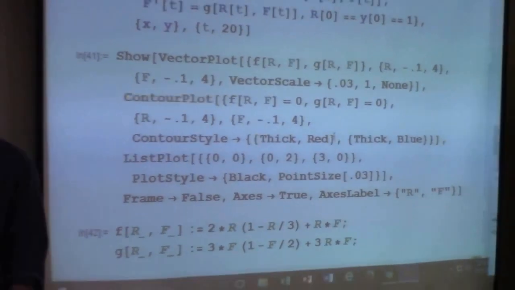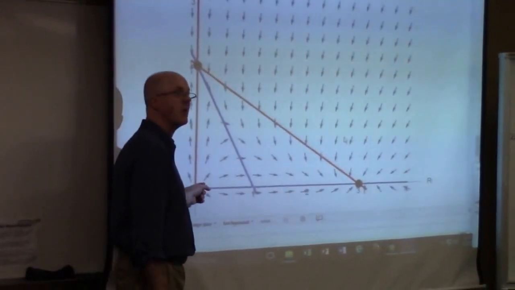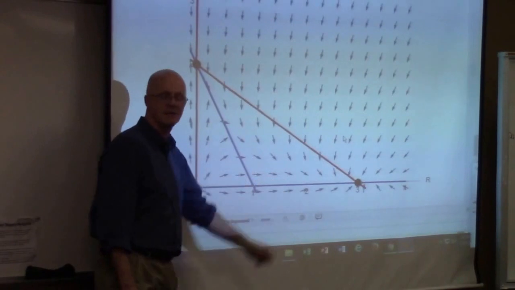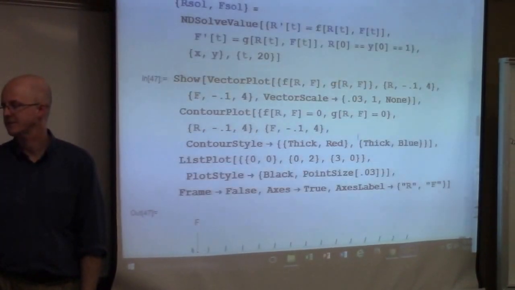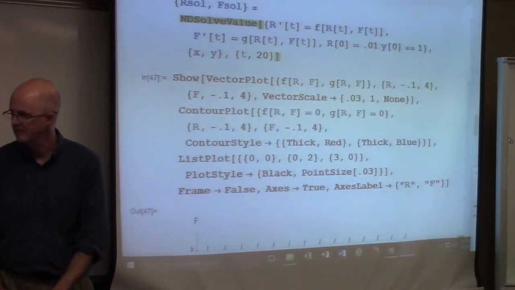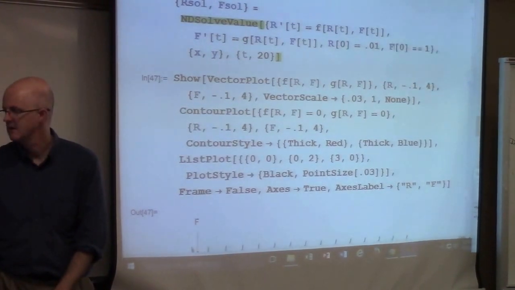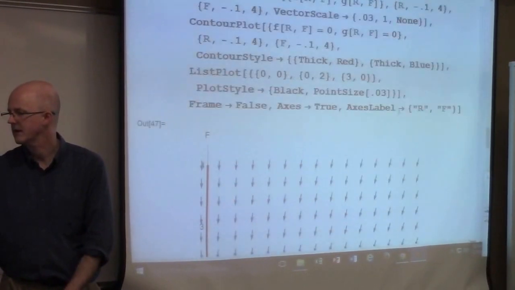Looking at this picture, what kind of initial condition should we pick? Why don't we pick one of the ones that starts near the origin and heads up this way before coming down that way? That would be the most interesting kind to look at. So perhaps if I pick R to be pretty small, like 0.01, and F to be a bit bigger, like, oh, I don't know, 0.1 maybe.